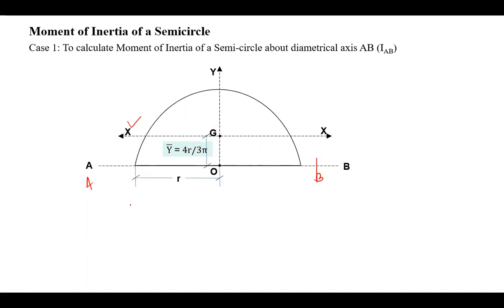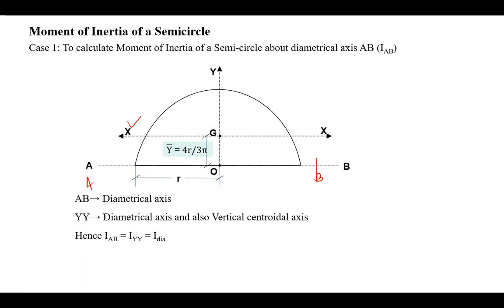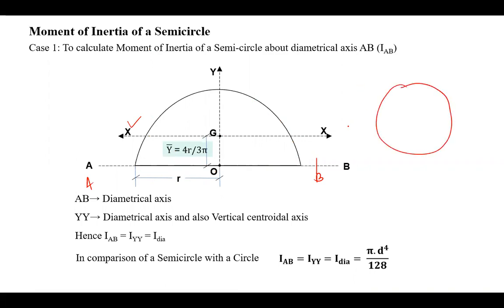We will be just deriving this from the moment of inertia of a circle. If you compare the semicircle with the circle, it's just half of the circle. Therefore, the moment of inertia will also be half of the circle. In case of the circle we had the full area, two semicircles, semicircle one and semicircle two, so the moment of inertia there was pi d to the power 4 by 64.